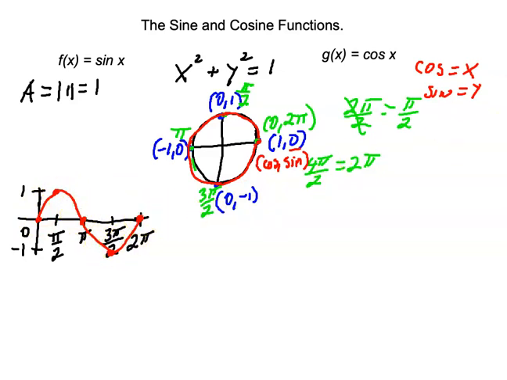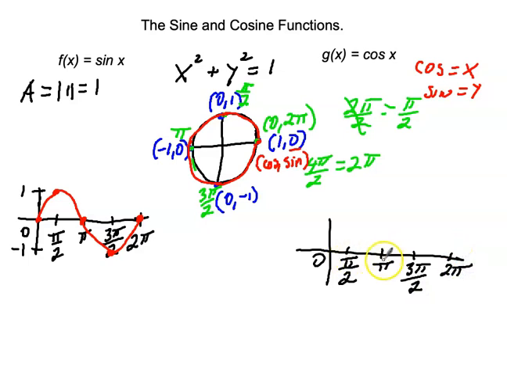Now the cosine function, let me draw a line here. The key points are the same, which are pi over 2, pi, 3 pi over 2, and 2 pi.